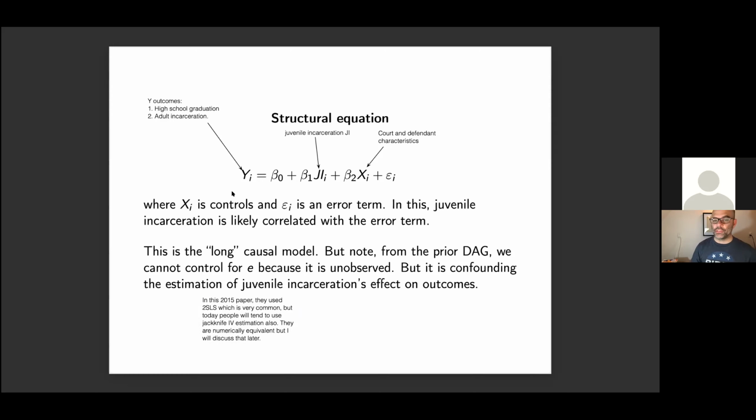Okay, so we're going to look at their two-stage least squares and their instrument. Their two-stage least squares model will be just identified, so there will be one instrument for JI. Okay, how will we construct it?